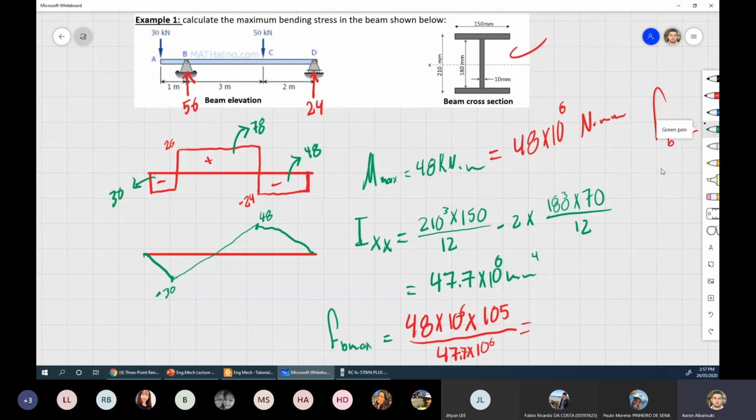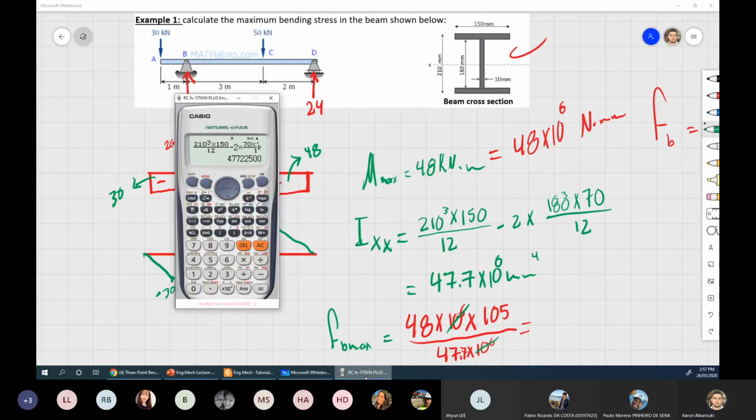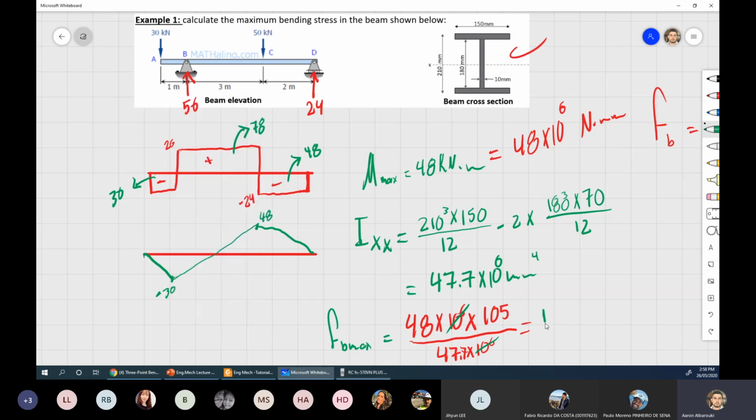These two would cancel each other, and that will give us 48 times 105 divided by 47.7, which will be 105.66 MPa.